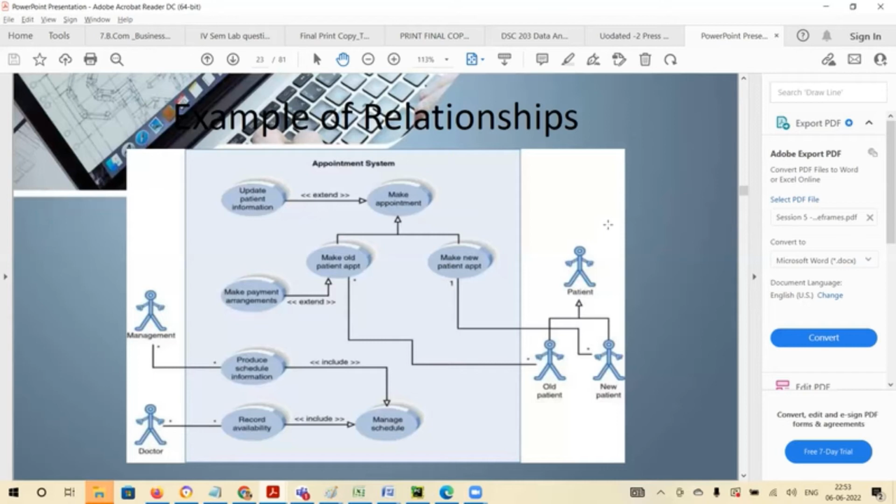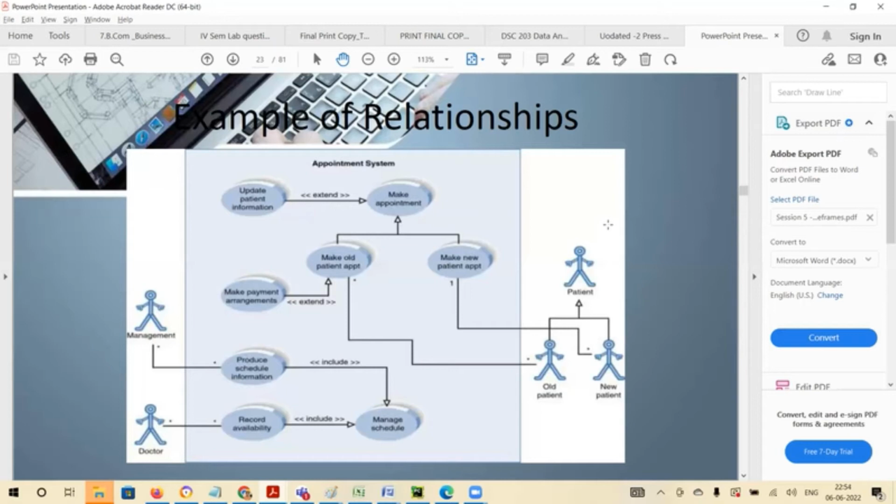Okay, basically it shows the appointment system in a hospital. They take patient information, and before making an appointment, they update the patient information. Then there is make old patient appointment and make new patient appointment.